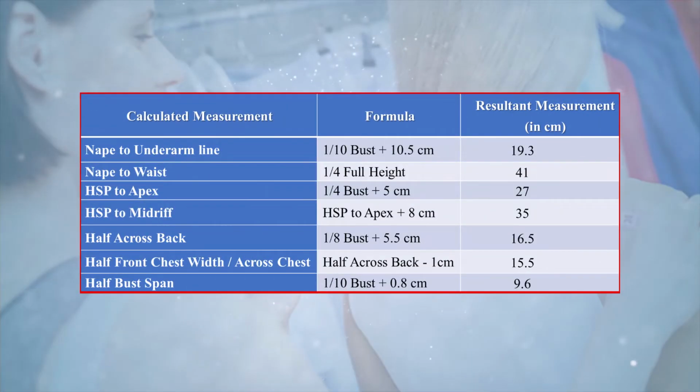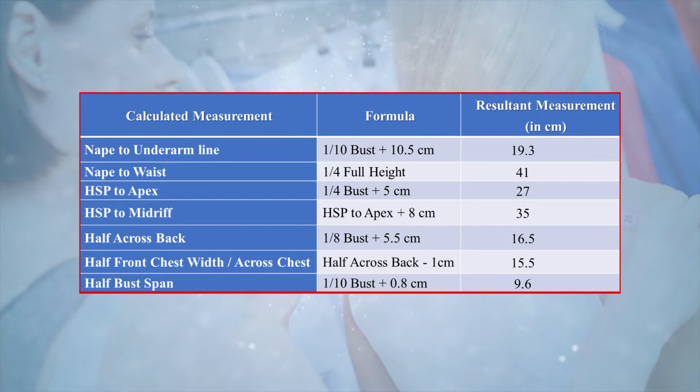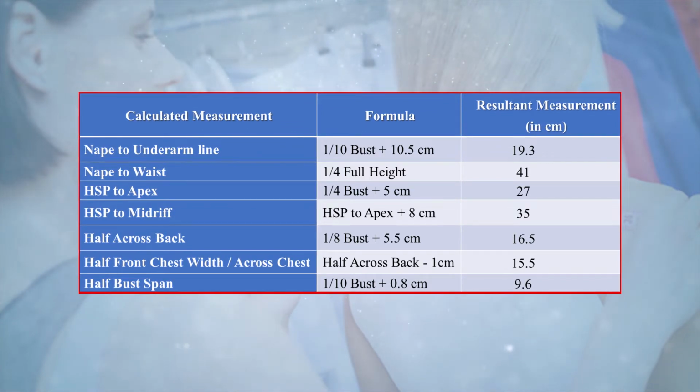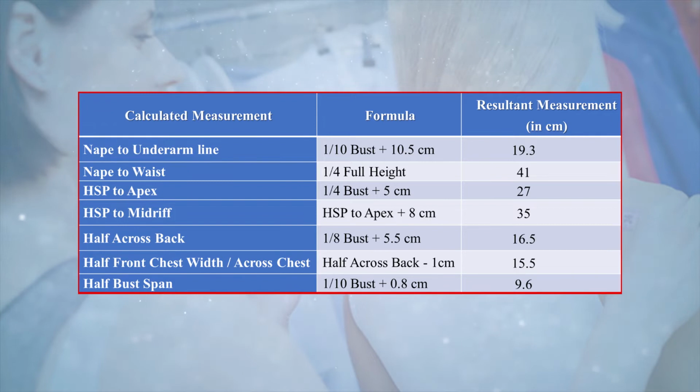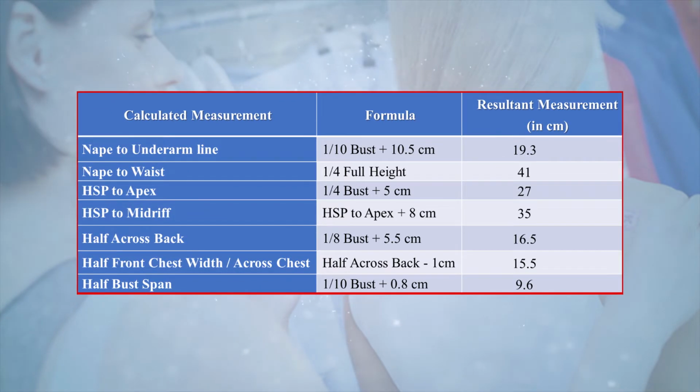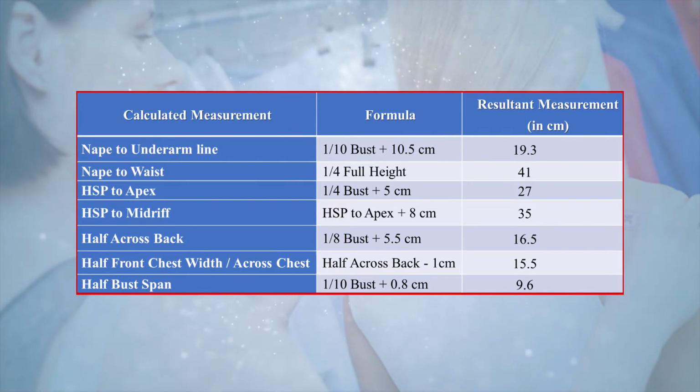Then there are the calculated measurements, the derived or resultant measurements. We have a set of formulas which we use to create the resultant measurements. Like when we calculate the measurement from the neck to the armhole line, the formula we use is 1/10 of the bust plus 10.5 centimeters.